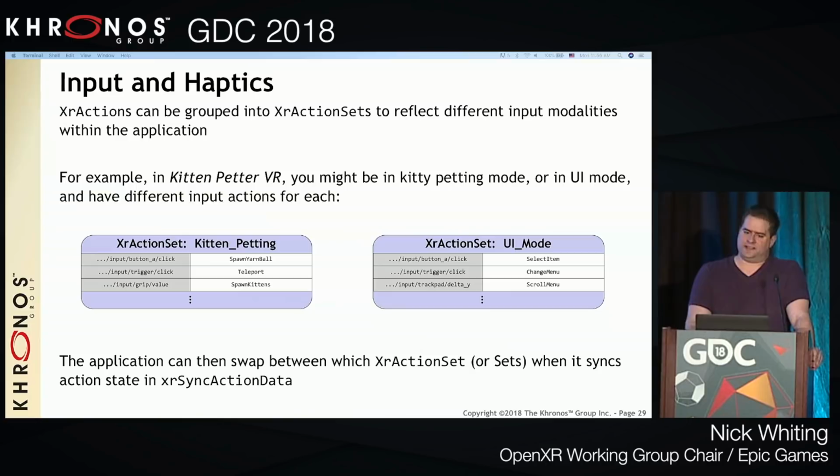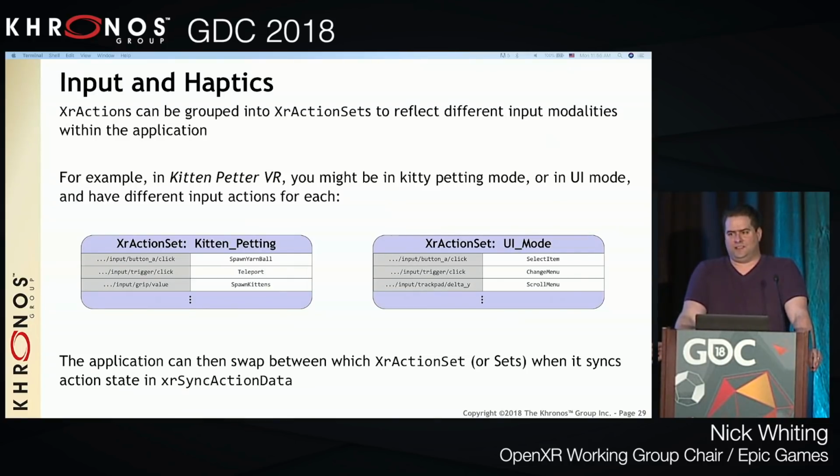Action sets are what I touched upon before, but if you have an application that has different modalities of interaction, you can define different action sets and swap between them. So in our hypothetical example of Kitten Petter VR, which is a game I really wish somebody would make, you could be in potentially two modes. One is petting the kitten mode, where you want the A button to spawn a yarn ball for it to delightfully play with and be adorable with. The click might teleport you around the room, and then pulling the grip button might spawn you more delightful kittens to play with.